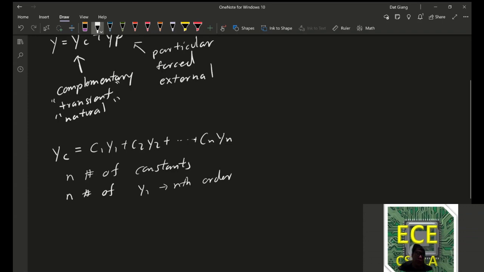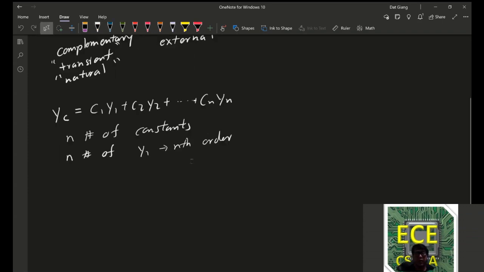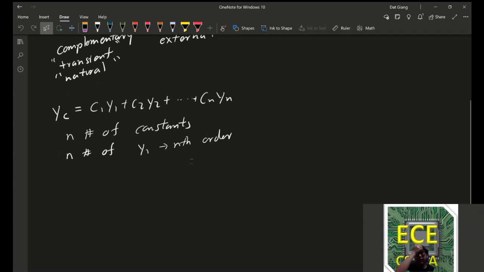So we do two things. We establish our constants. We also establish that we only care about as many solutions as the highest order of the differential equation. And as such, the complementary solution, formally, is made up of a linear combination of unique solutions.